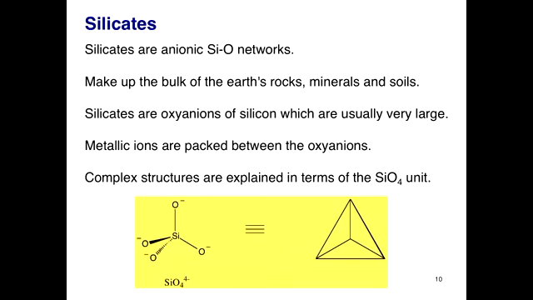Now, the best way to understand it is in terms of this building block here. So what I've got here is a silicon bound to 4 oxygens, each of which has a negative charge. And that's our basic building block for these silicate networks. Now we're going to be drawing extended structures, and what we can do is come up with a shorthand way of representing that structure. And so rather than write out that type of structure each time, what we can do is to represent that unit by this tetrahedron.